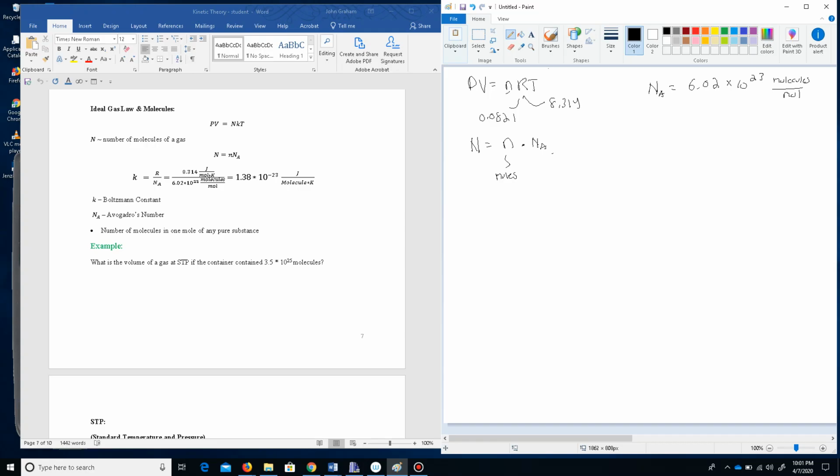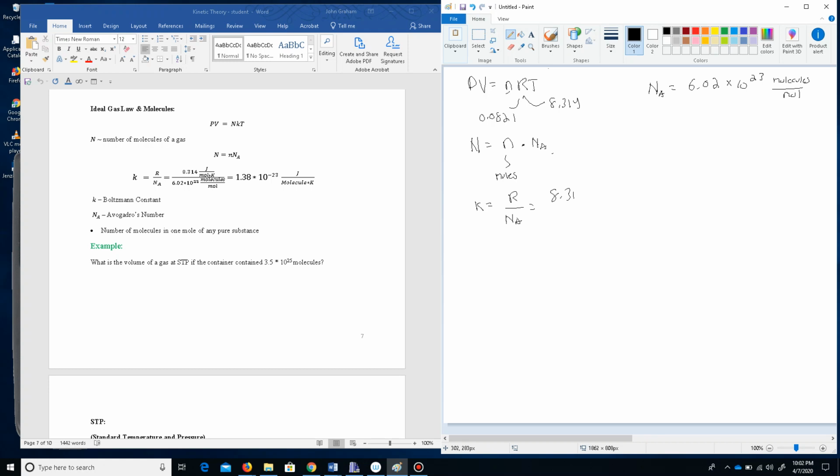Now we also have another constant involved because we can't use R as the constant. So this R, we're going to let k equal that R constant over Avogadro's number.